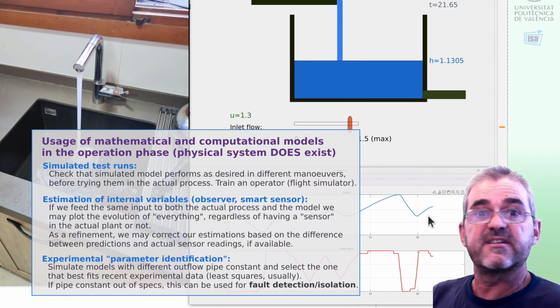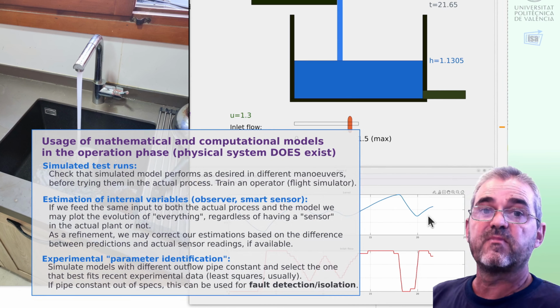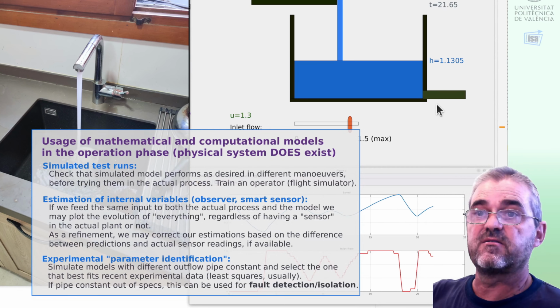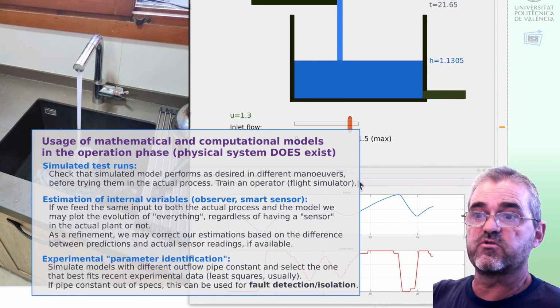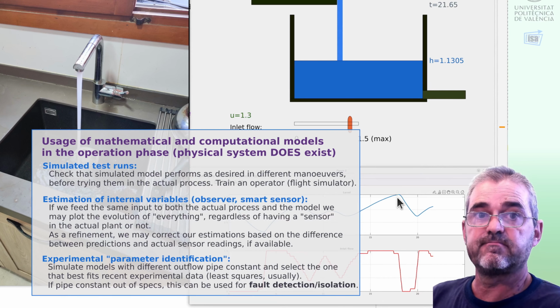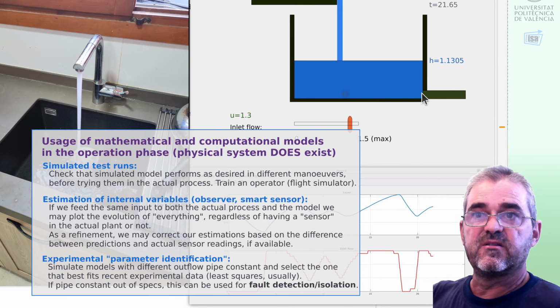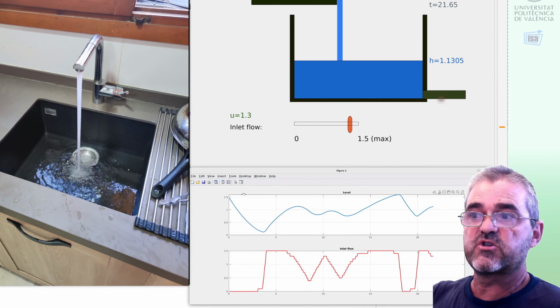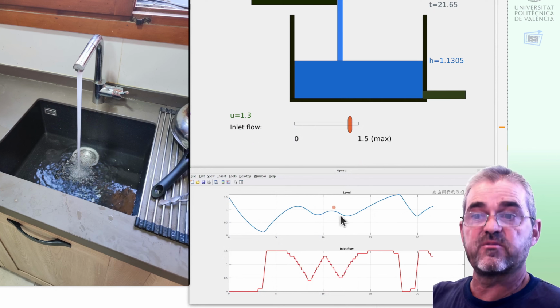This is called physical parameter identification, experimental identification, and for instance, I can detect that the outflow is lower than expected and use that identification for fault diagnosis in order to detect an obstruction of the outlet pipe. How? Well, simulating different outlet pipes and superimposing them on the actual experimental measurement of level.